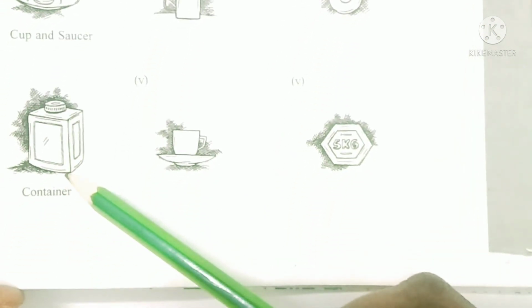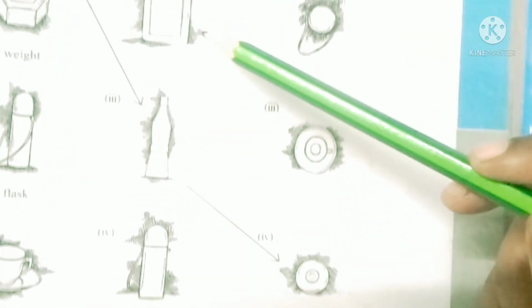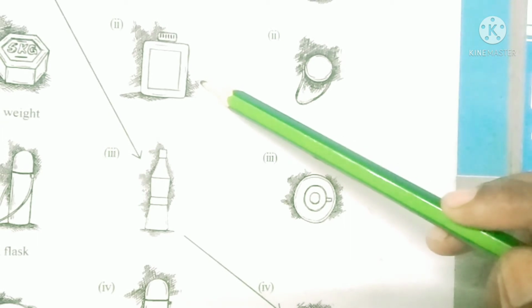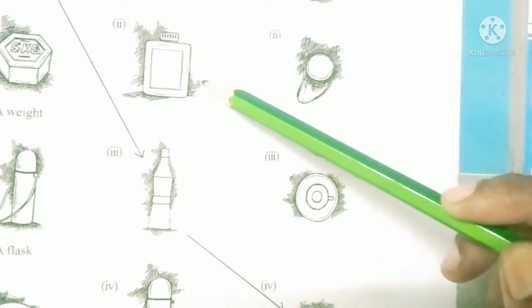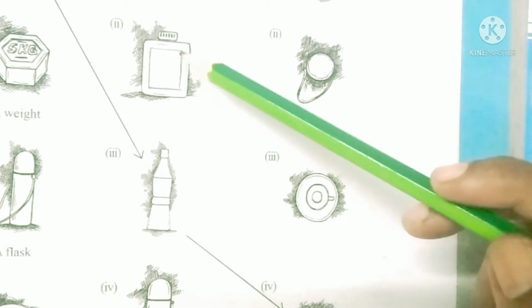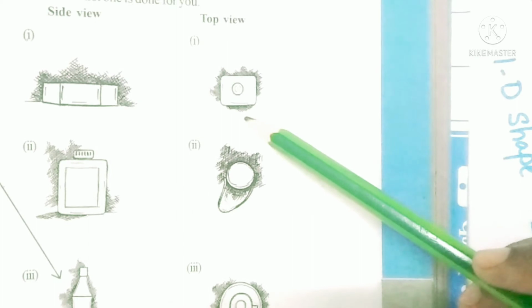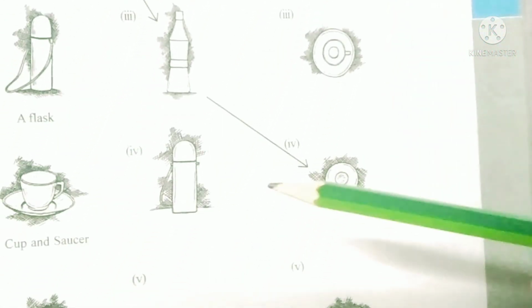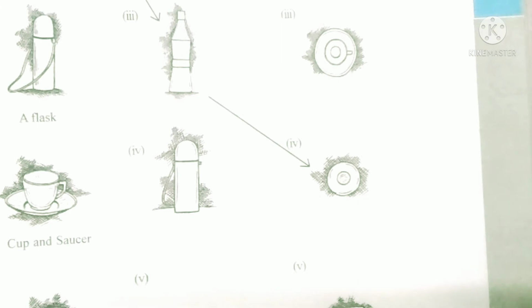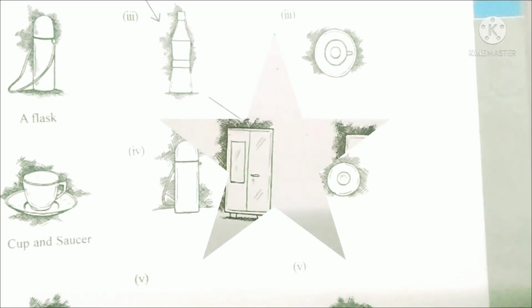When you see it from one side, it will look like this. From the side it looks like this, but from the top you can see only this lid and a square or rectangle. So that is the first one.